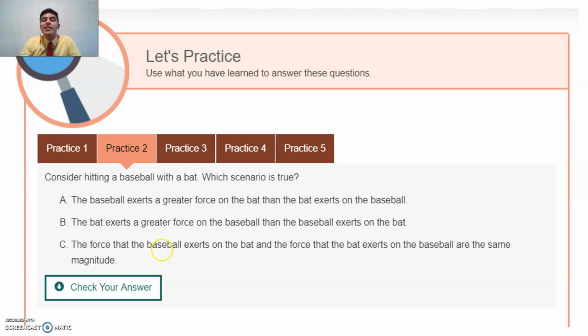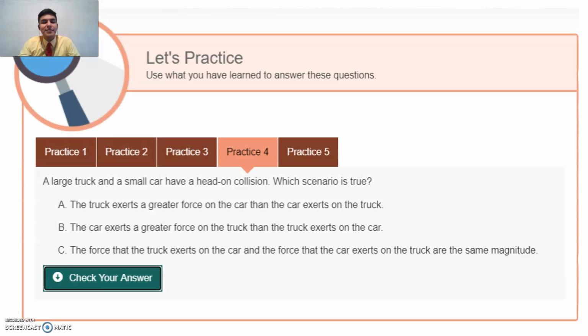But in reality, the correct answer will be letter C. So the force that the bat is applying to the ball and the force that the ball is applying to the bat are exactly the same, because it will follow the principle of the third Newton's law. All right, so let's go over more examples.